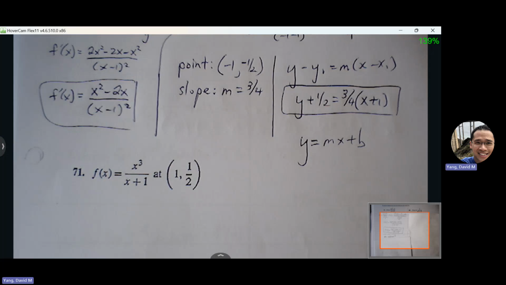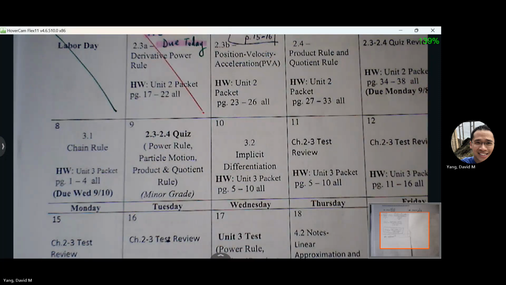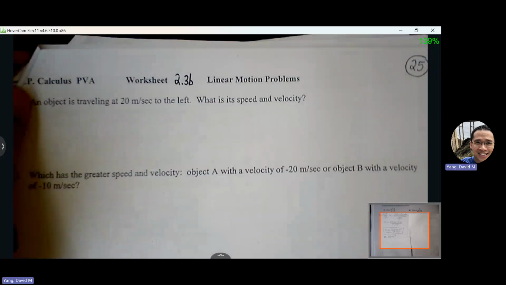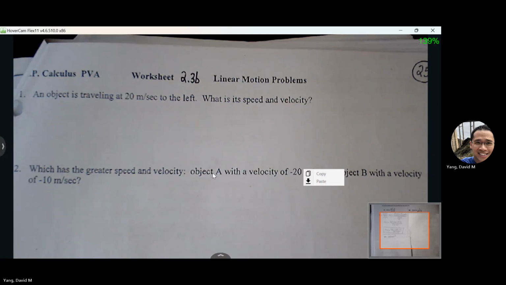Okay, page 25. I want to address the specific type of question that we're going to see.